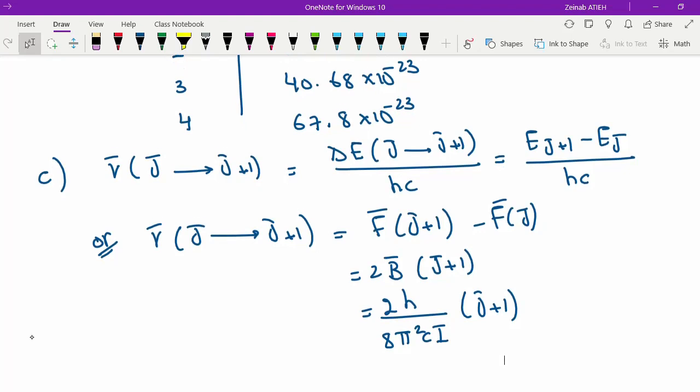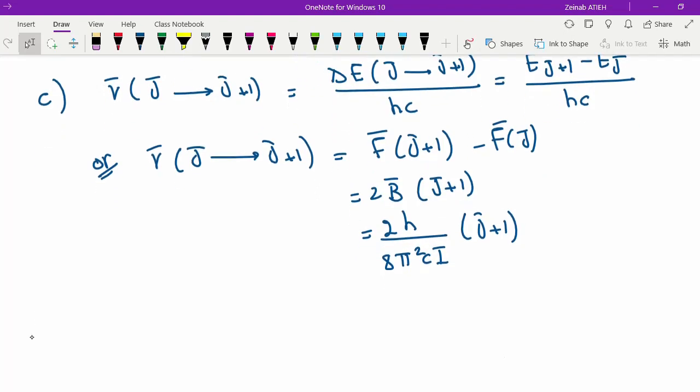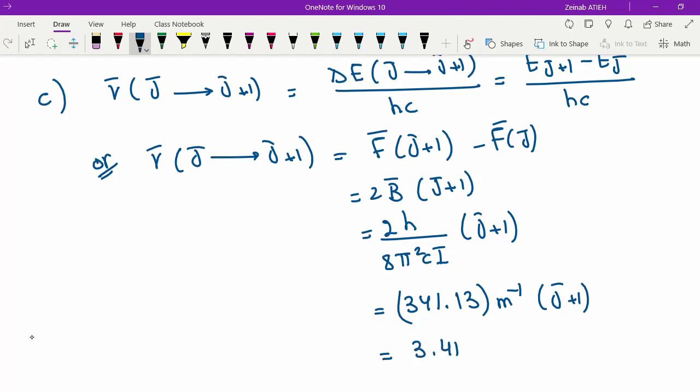I have already calculated this constant. It was found to be 341.13. Its unit for sure is meter minus 1 because everything was substituted in SI unit. I prefer it to be in centimeter minus 1, so I will write it as 3.41, enough decimals, times J plus 1, and this is expressed in centimeter minus 1.